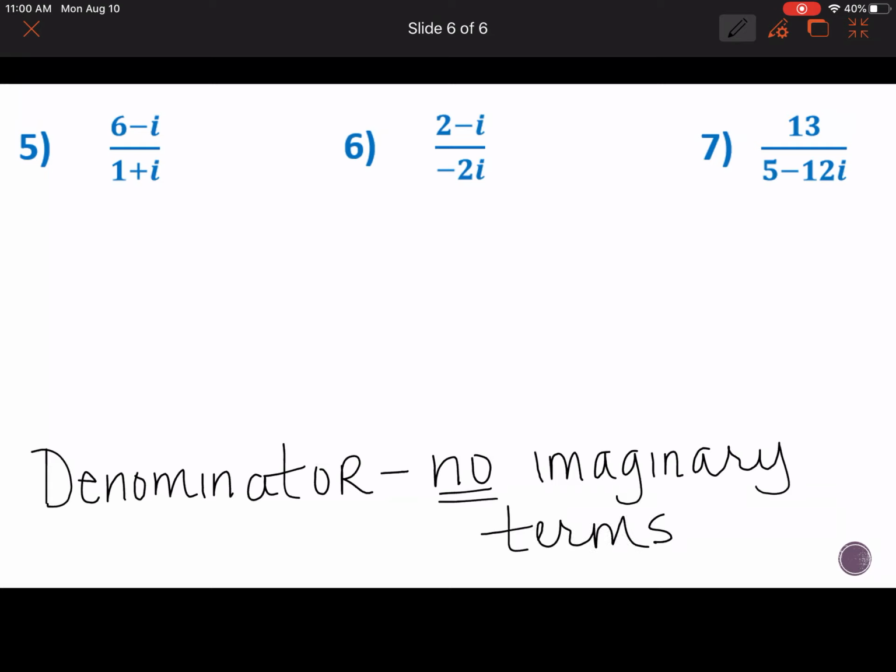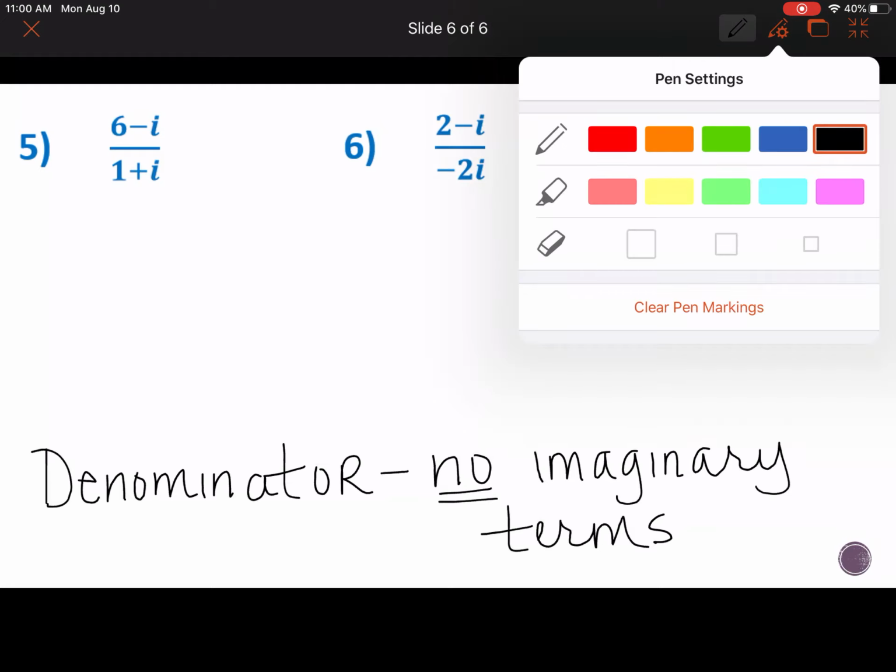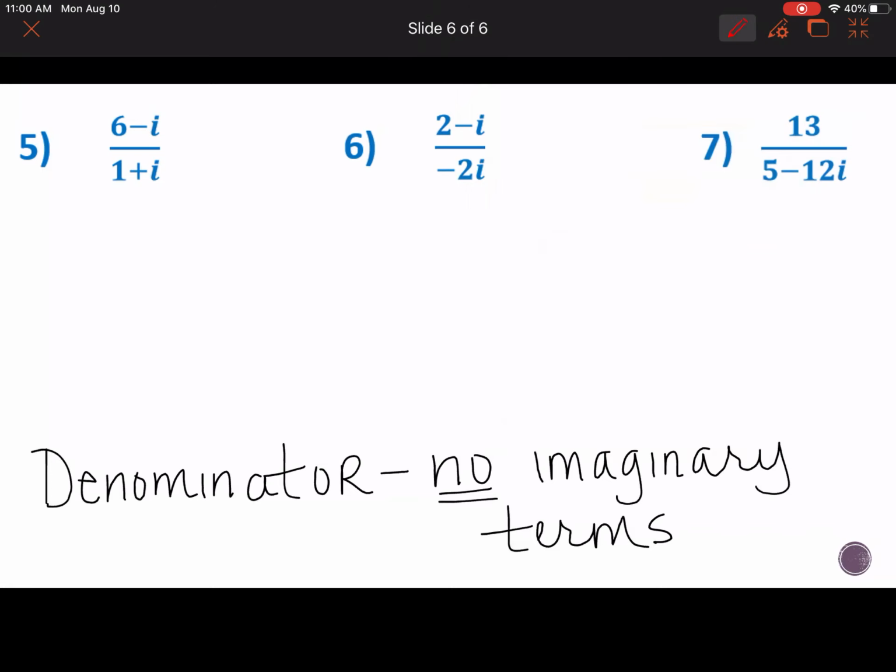So I want you to look at your denominators. First, let's talk about the denominators that we have here. Let's look at this first denominator. This is what we call a binomial because there are two terms. It's a complex number because there's a real number and there's an imaginary term.